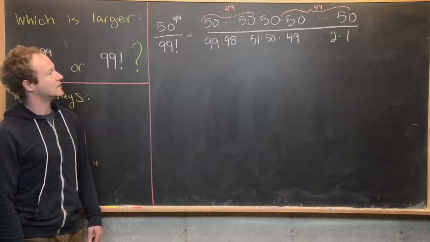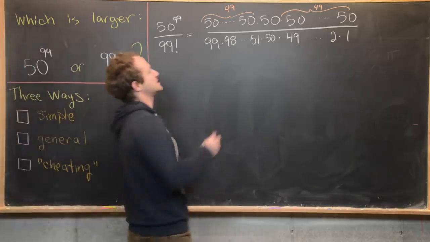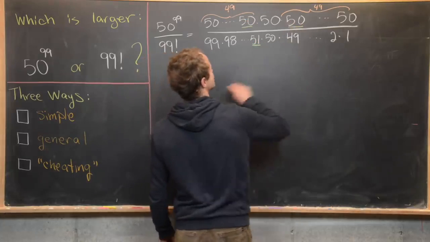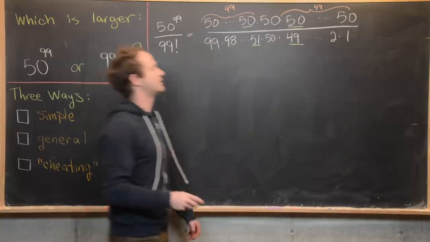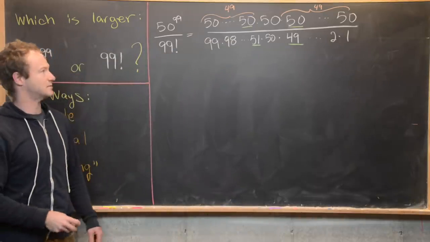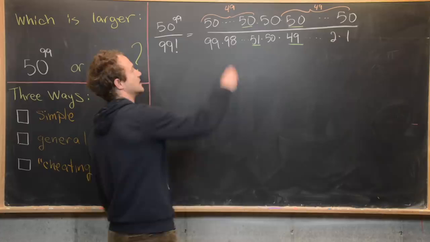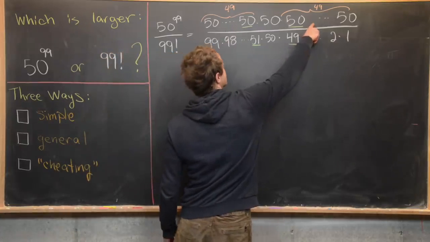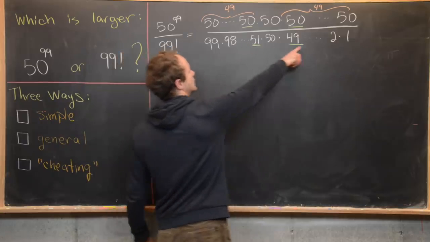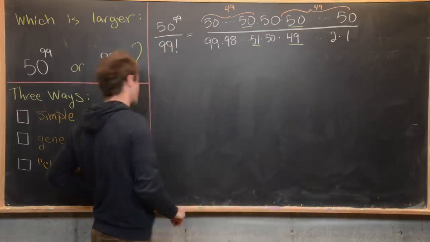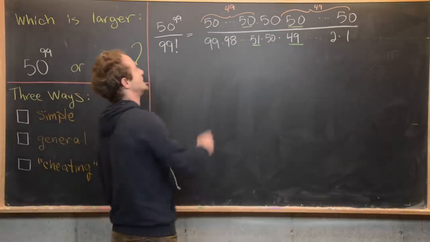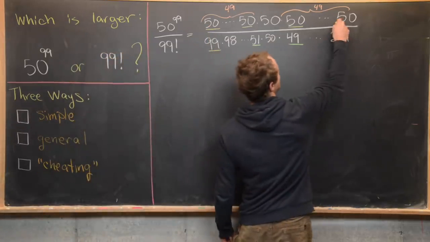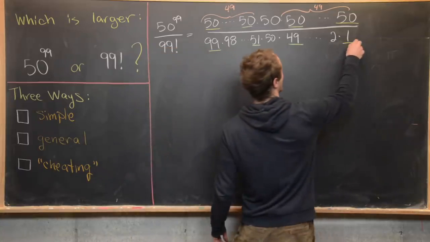I'll group this 50 times this 50 divided by this 51 times this 49. You can check that that is smaller than 1. Then I'll group the next 50 with the 50 right before it, along with the 52 and the 48, and so on, all the way down until I'm grouping this 50, this 99, and this number 1.